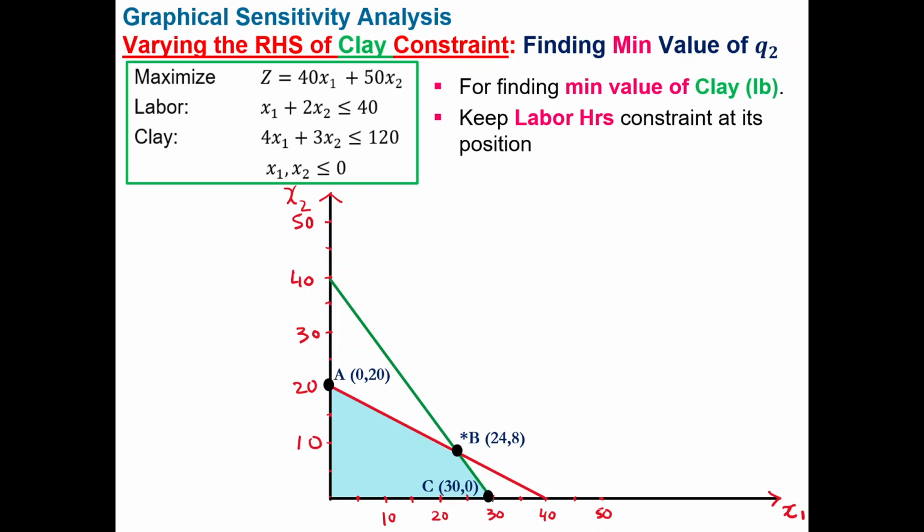Now let's find the minimum value of q2. For finding the minimum value of q2, again repeating the procedure, the labor hours line will be kept at its position. We will move the clay constraint now, because we are finding the minimum value, meaning that we are now decreasing the value of 120 to a lower value. That means this line will start moving towards the origin.